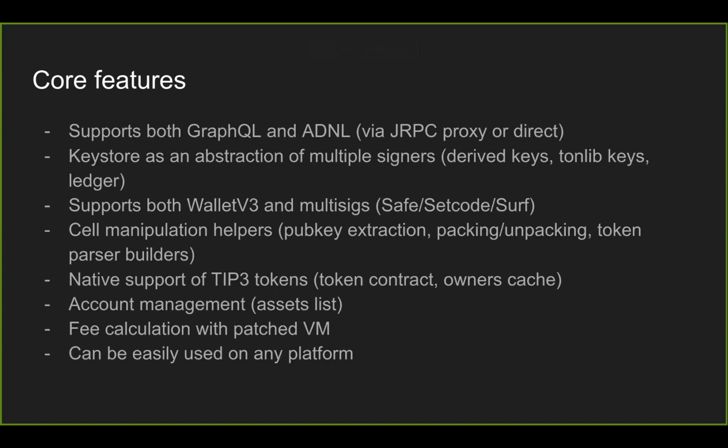We didn't use the TON SDK because it is quite big and has lots of dependencies which are not reviewed and are not supported on some platforms. And the custom core allows us to tightly integrate with our TIP3 tokens. It has the ability to subscribe to notifications from contracts, and it has a lot of helpers.